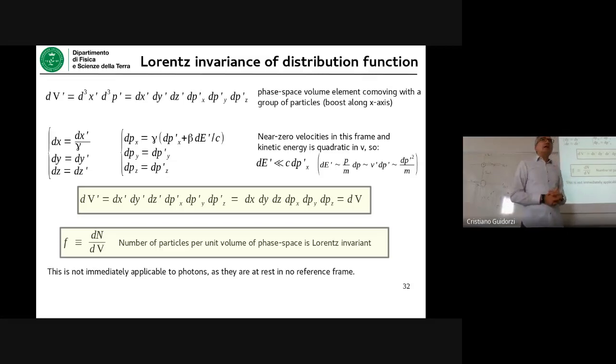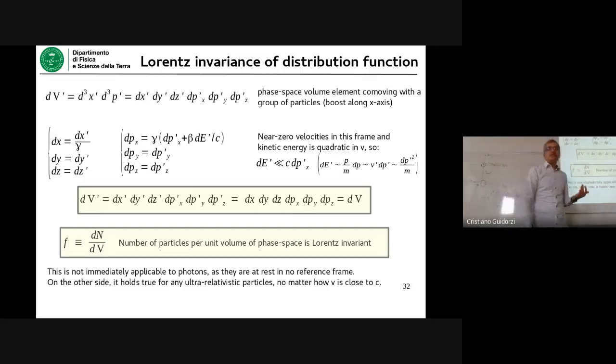Well, I didn't stress it explicitly, but when I spoke in terms of the co-moving frame, you cannot have a co-moving frame of photons, of course. There's no way you can have an inertial reference frame traveling at exactly the speed of light. So inevitably, this proof implicitly assumed massive particles. In this sense, it's not immediately applicable to photons.